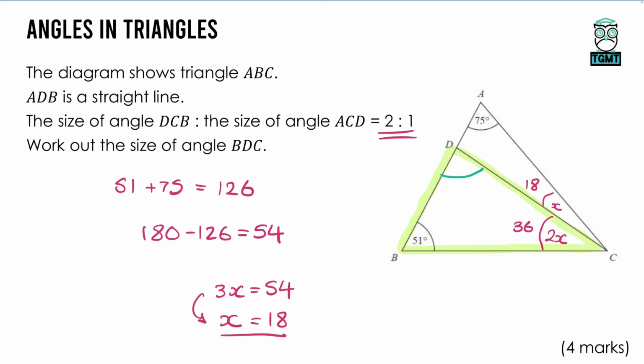We have 51, add the 36, in total that gives us 87, and we want to take that again away from 180 to find that missing angle within the triangle. So 180 minus 87 leaves us with a 93 degree angle that's missing at the top there. So there we go, that is 93 degrees.